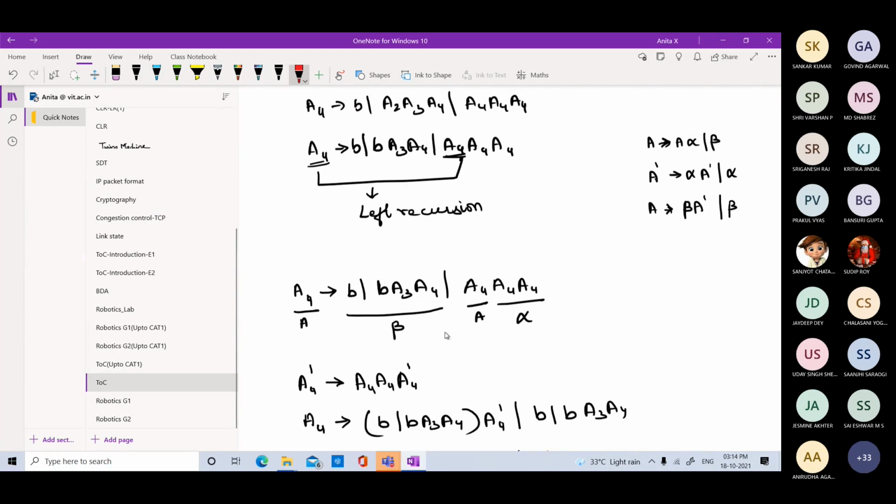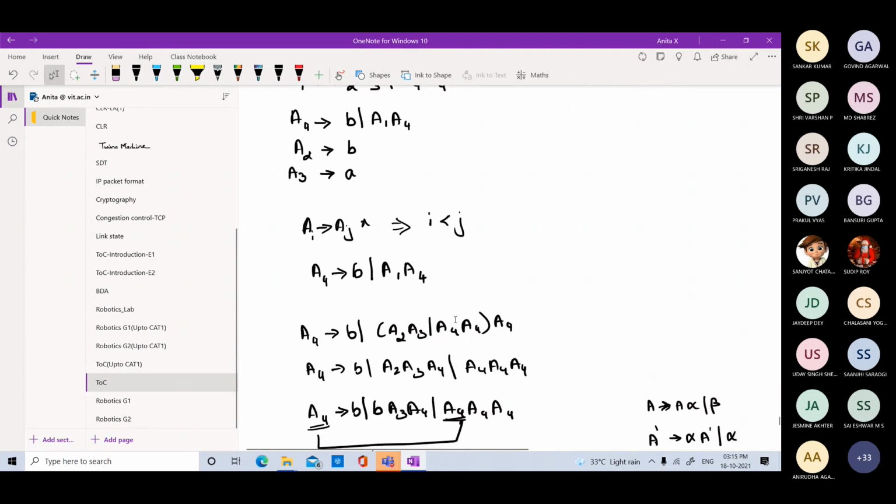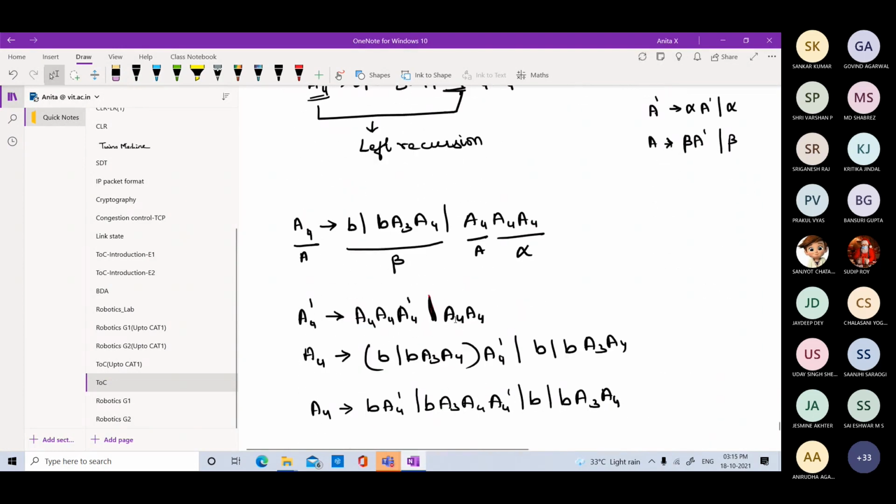And in the above line, where we introduce, we replace A2 by B, right? In that, A4 is also greater than A3, one part. Why don't we replace for A3? Just above that line only, B A3 A4. Where you talk about left recursion, where you introduce left recursion.